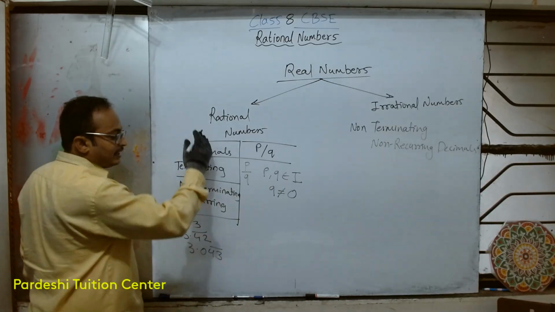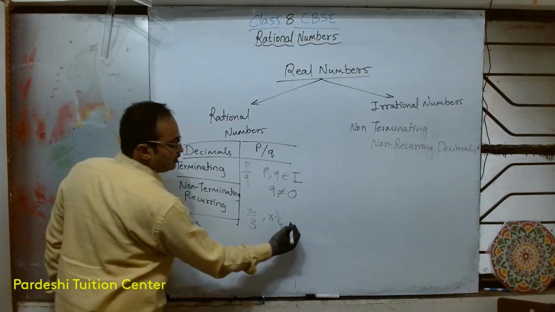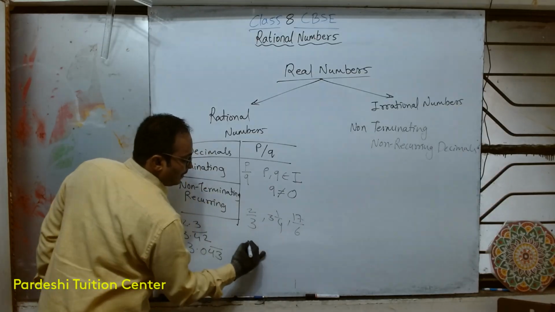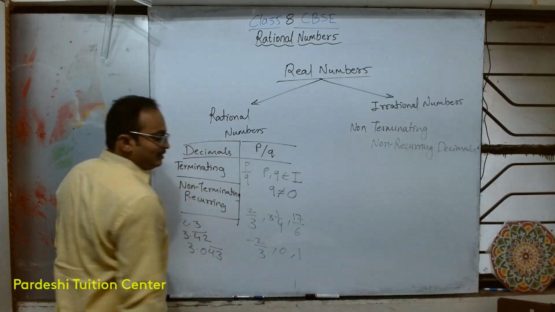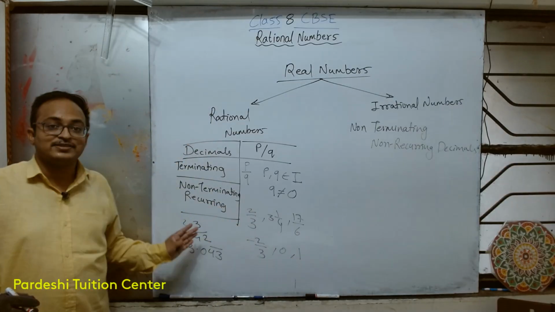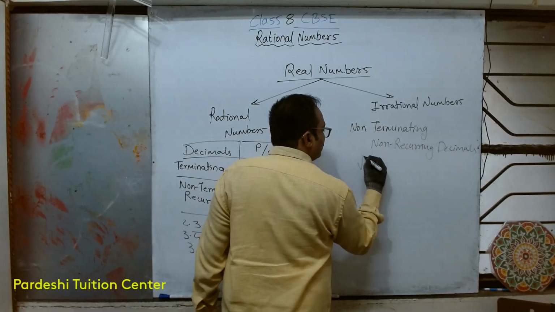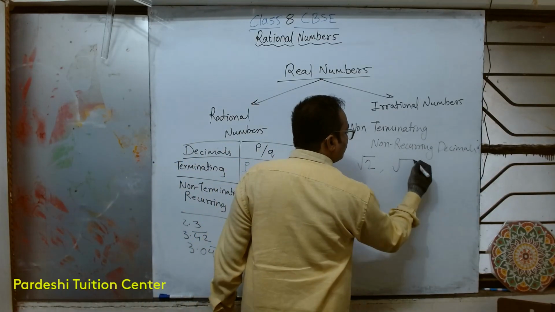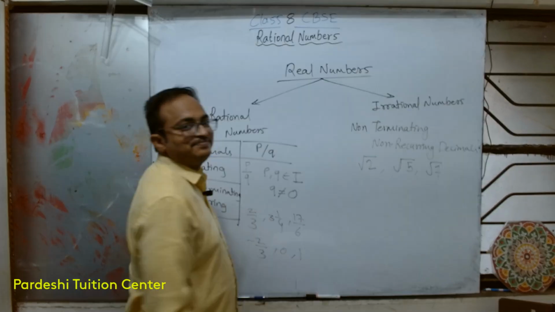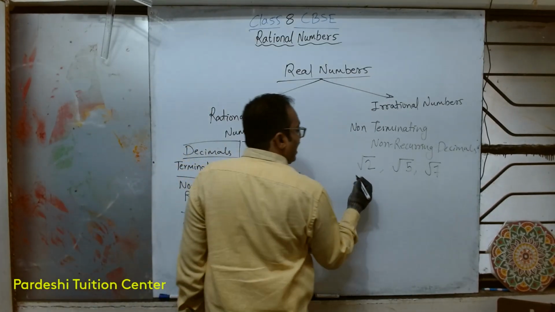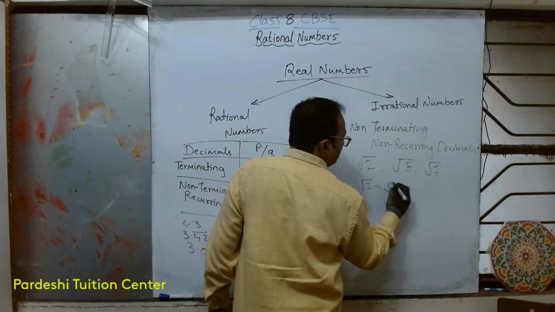Or you can write rational numbers as 2 by 3, 3 1 by 4, 17 by 6, minus 2 by 3, 0, 1. These are all rational numbers. But irrational numbers are root 2, root 5, root 7, and so on. Yeah, the addition of two irrational numbers is also irrational. So root 2 plus root 3 is also irrational.